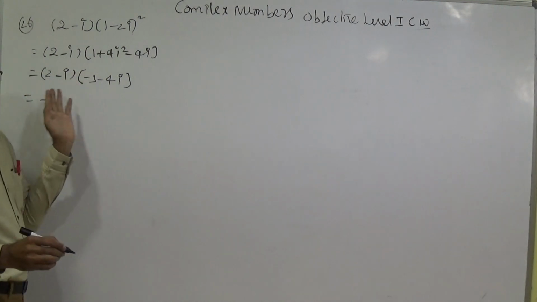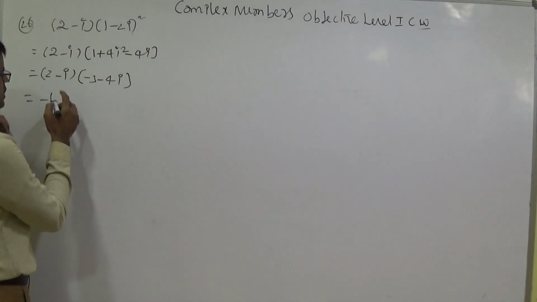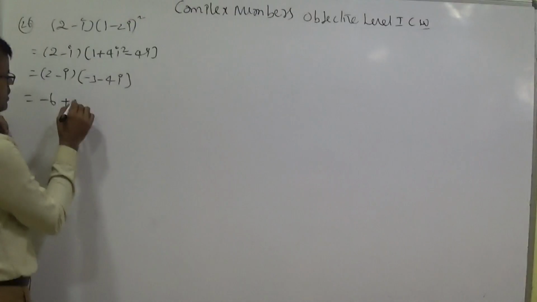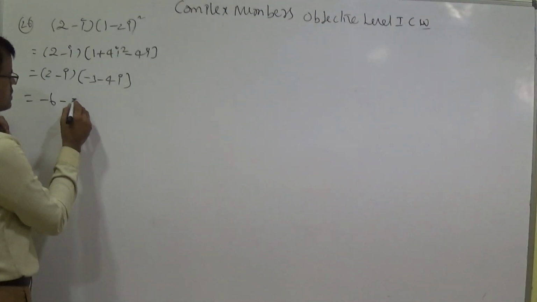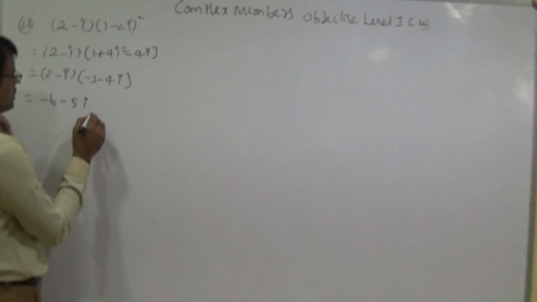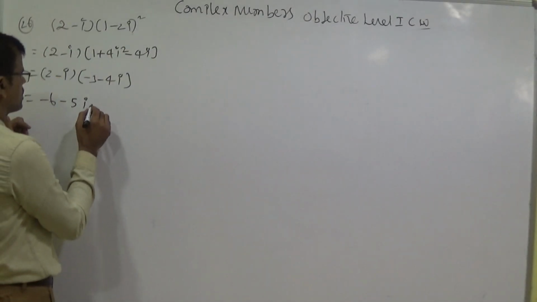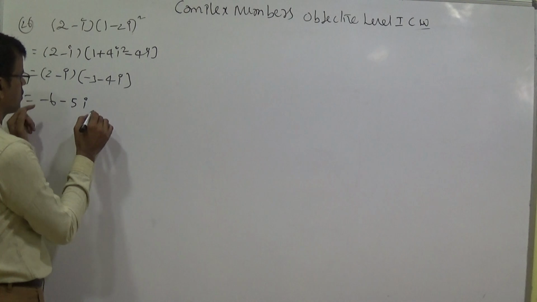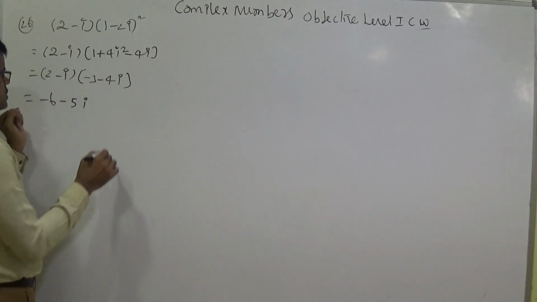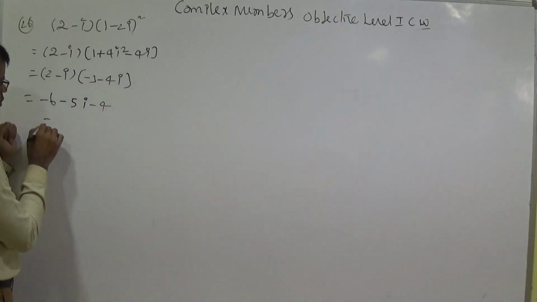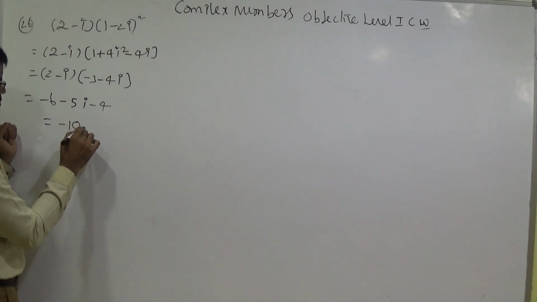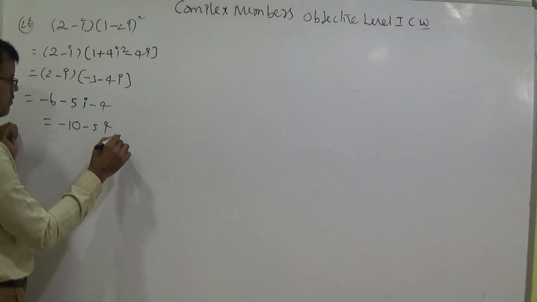Multiplying, we get minus 6, minus 8i plus 3i, which is minus 5i, and minus into minus plus 4i square becomes minus 4. So we write minus 10 minus 5i.